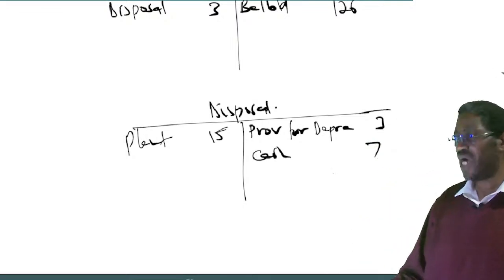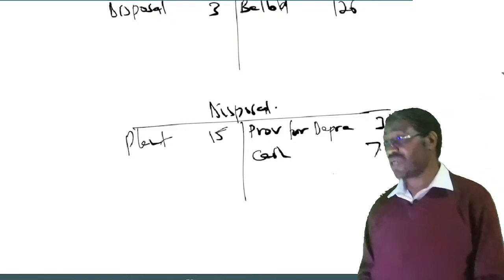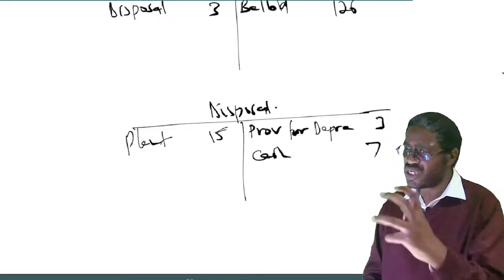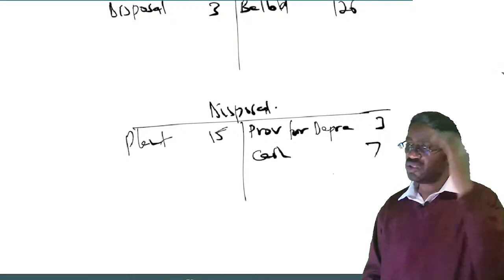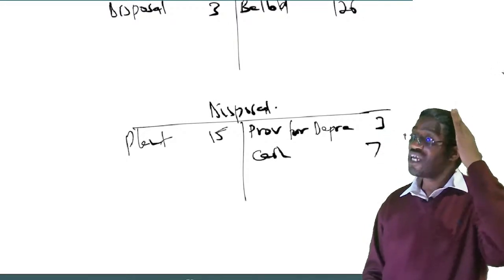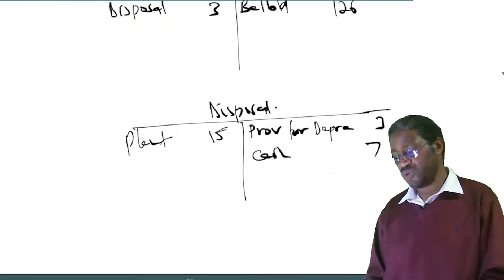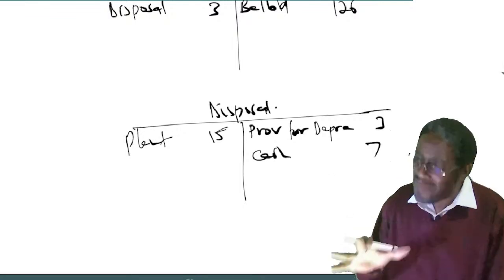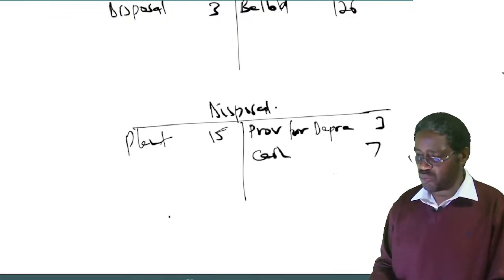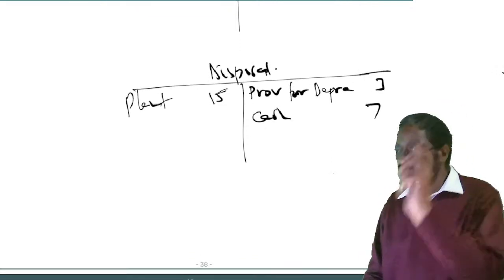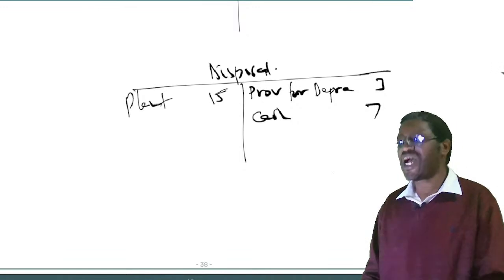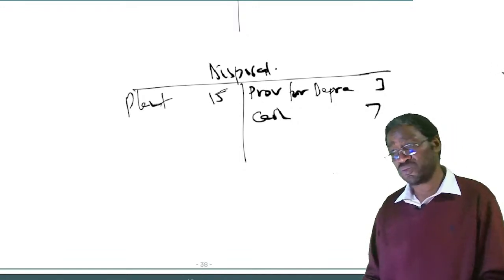Step number 4 among the 4 steps is now to determine the gain or loss on disposal. Listen, as a balancing figure in the disposal account, whatever is the balancing figure in this account normally represents a gain or loss on disposal.